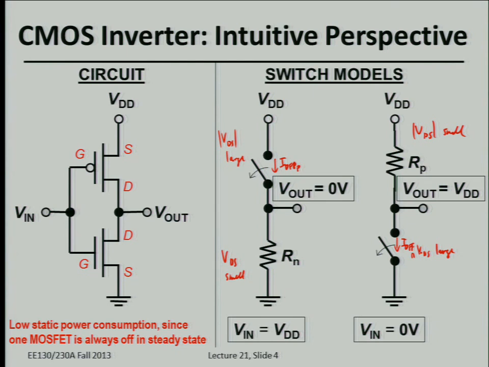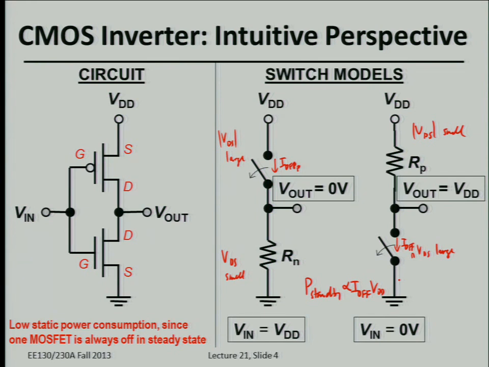And the amount of power that's consumed is proportional to the current times the voltage. And so that means the standby power is going to be proportional to I off times VDD. So if you want to minimize power consumption, which usually is a good thing, you want to minimize I off. And it helps if you can lower the VDD.